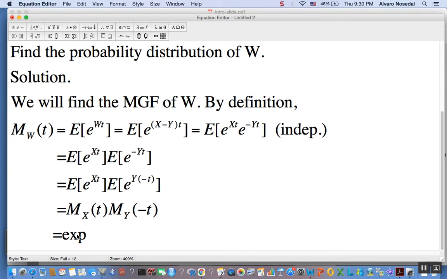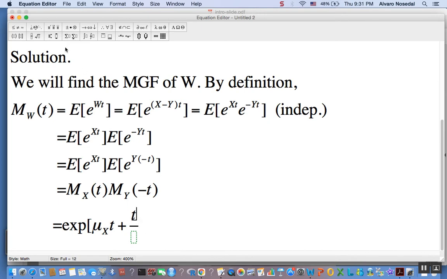Let me use this notation, it's going to be easier. It's the exponential e to the following power, right? It's going to be e to the power mu sub x times t plus, and then here what we're going to have is the following.